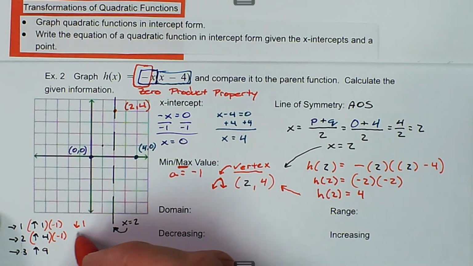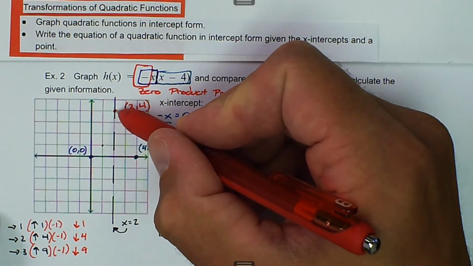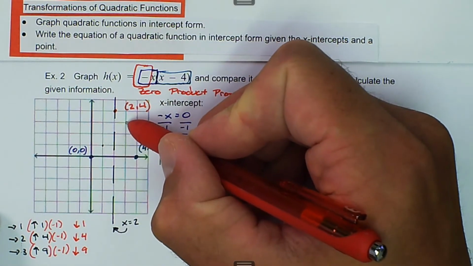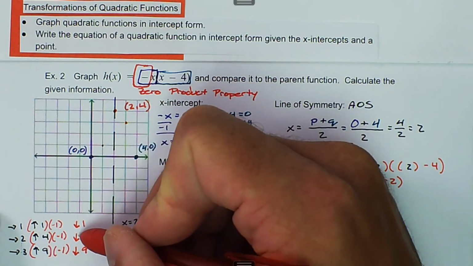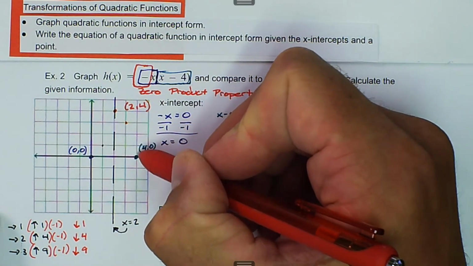From the vertex, we multiply that by negative, and that becomes down 4, and that becomes down 9. So from the vertex, we go over 1, down 1. Over 2, down 4.